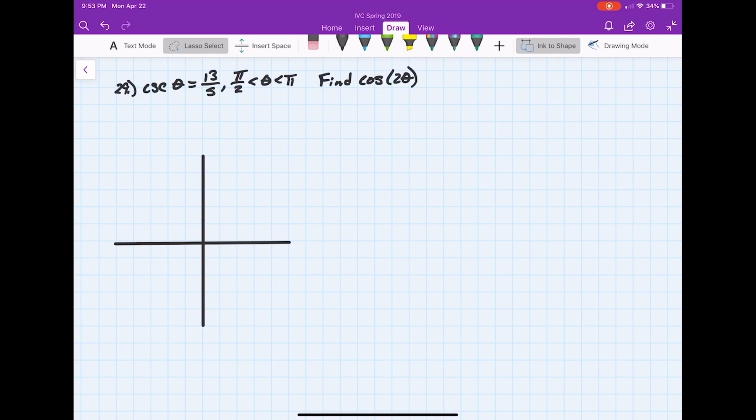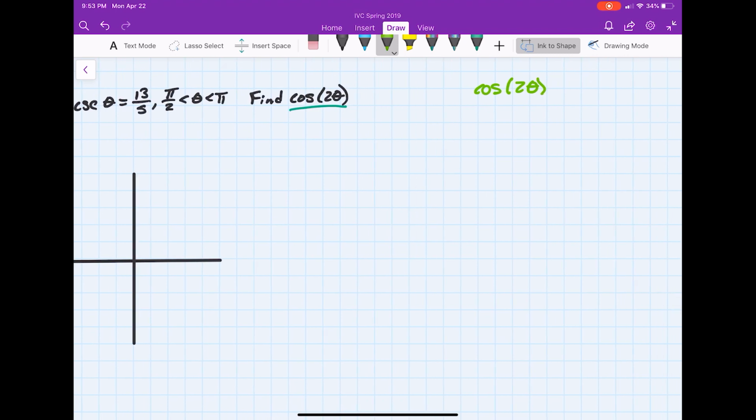Now we have the double angle identity here of cosine 2 theta. Well, let's just remind ourselves what identities we could use here. We have cosine 2 theta, and that can be cosine squared theta minus sine squared theta.